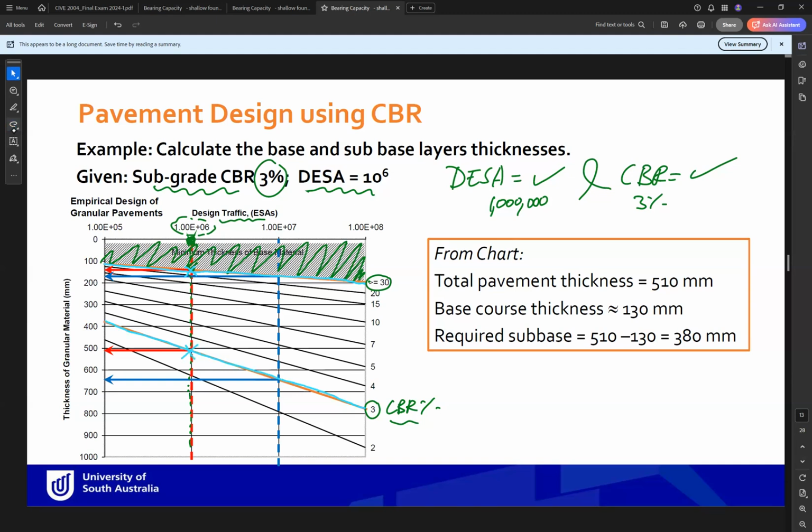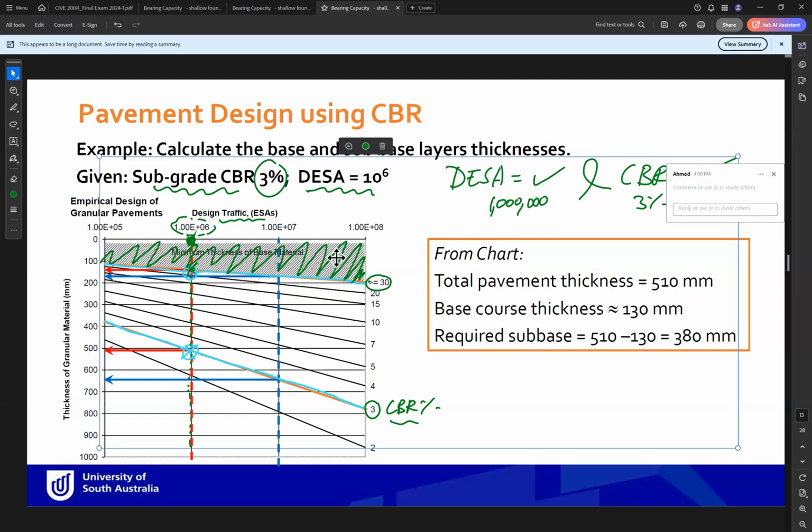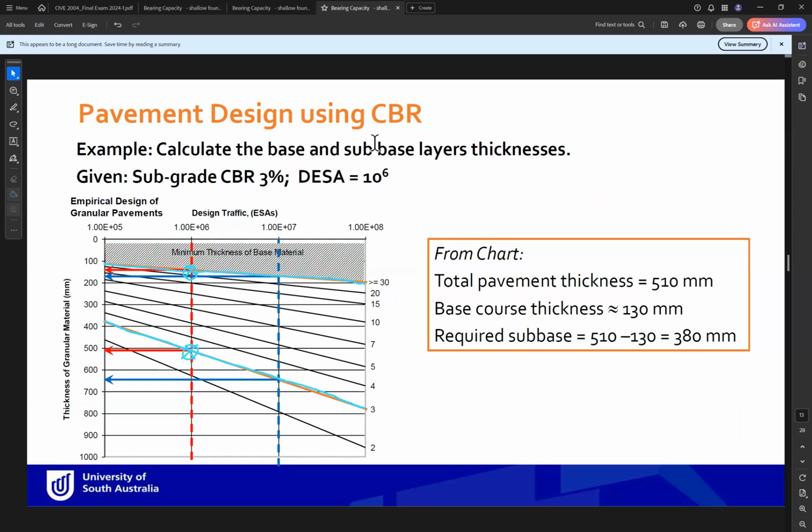So how many points now? We have 2. Each one of the 2 will give us 2 thicknesses, one for the base and one for the sub-base. So at the first one here, this is the minimum. Can you see the minimum thickness of the base? So this is the minimum thickness of the base.